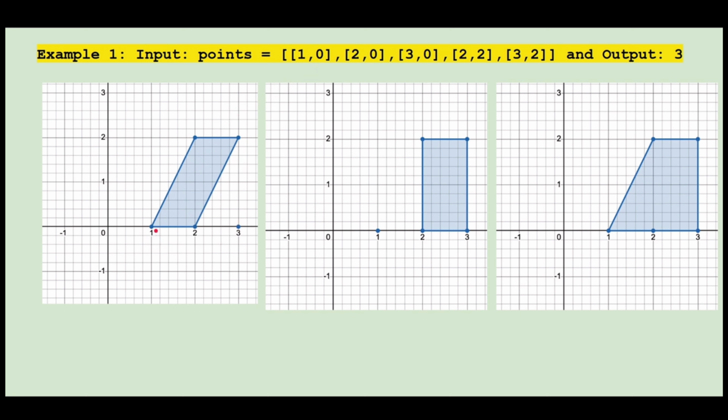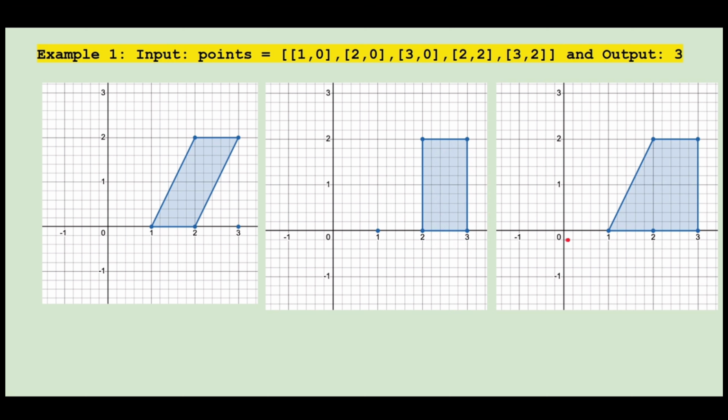If we take the first and second points, not the third point, we form this trapezoid. And if we skip the very first point and take the 2nd and 3rd points, it will form another trapezoid.